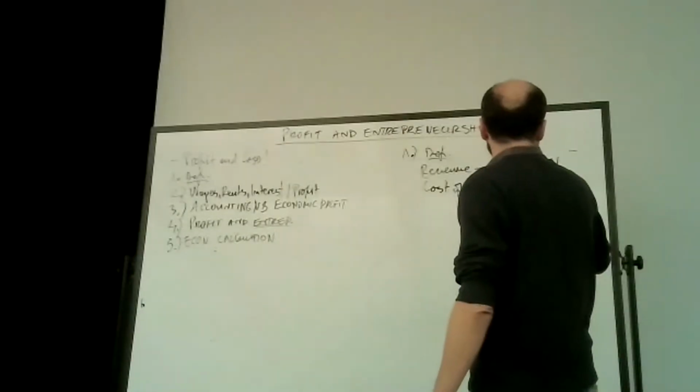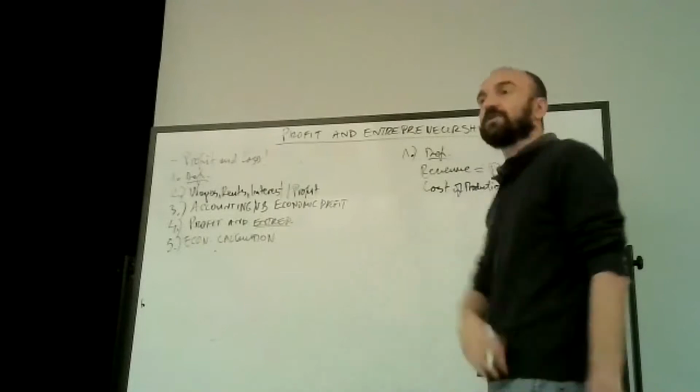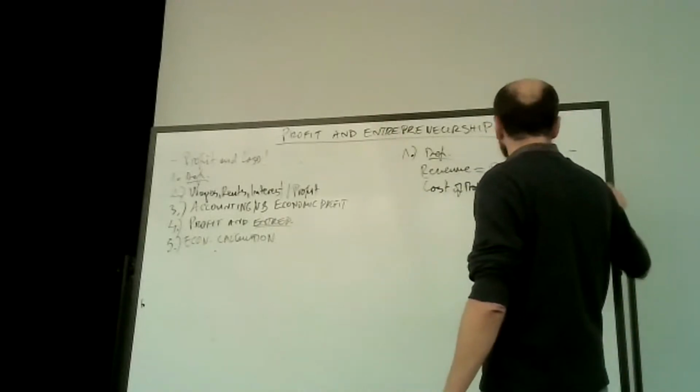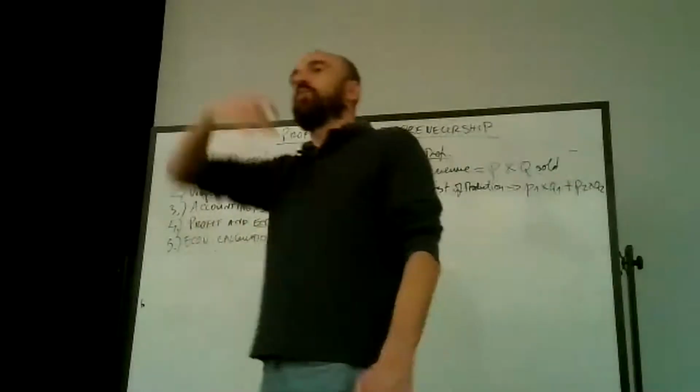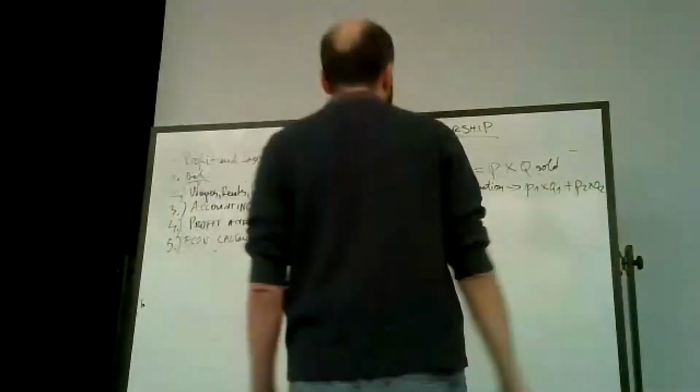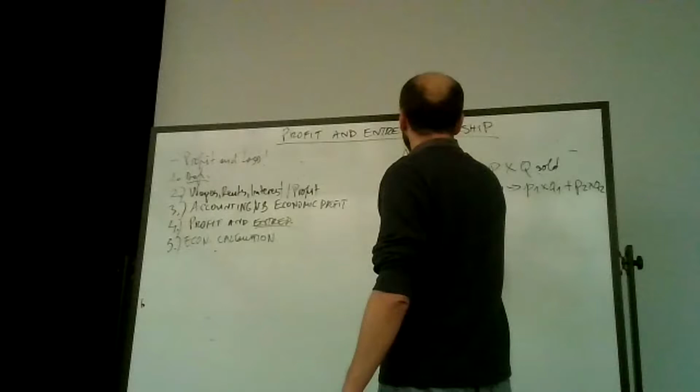So let's say price 1 times quantity 1, whatever, the electricity, plus price 2 times quantity 2, wages, plus, you name it, any number, let's say 6, 7 items, to simplify. You add them all up and you get the cost of production.